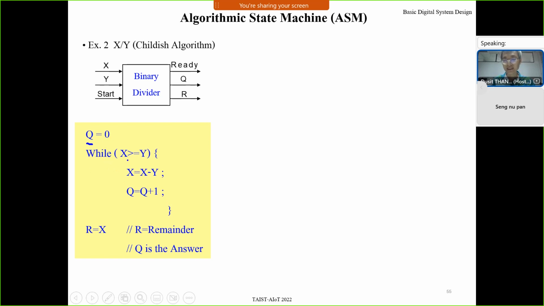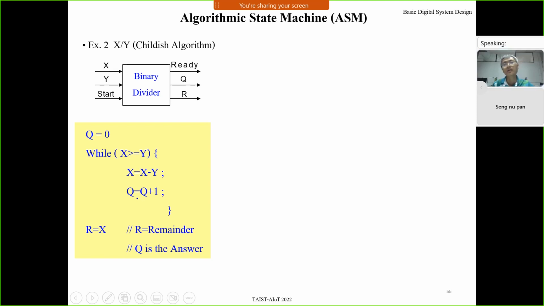While x is greater than or equal to y, x equals x minus y, and increment Q by one, and repeat this until the condition becomes false. Then r equals x. R is the remainder, okay. Q is the answer.